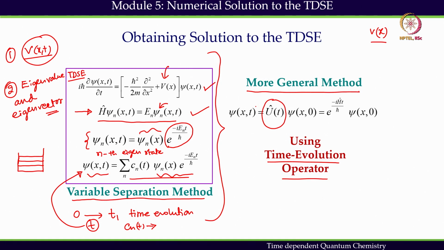What it does is, we start from an initial state which is psi(x,0), that is at t equals 0. This is the t equals 0 state, the initial state.